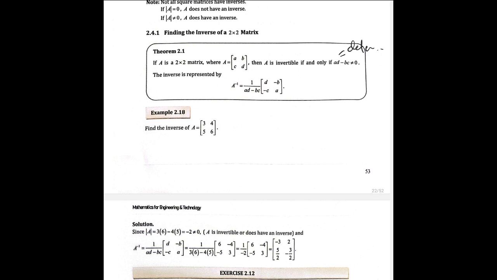This calculation will give us the inverse of A.